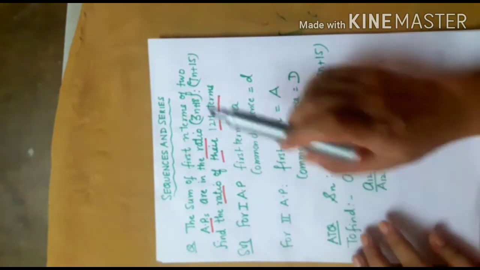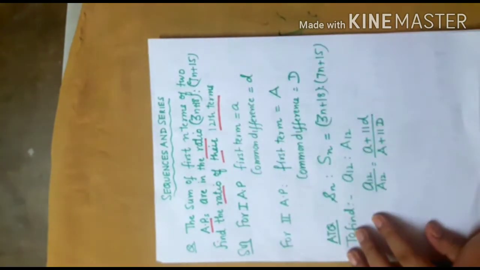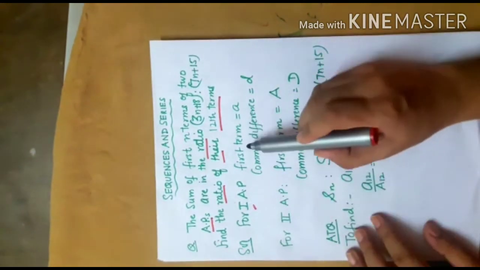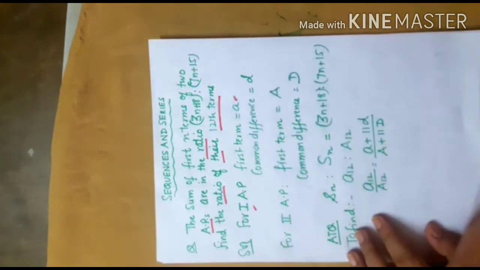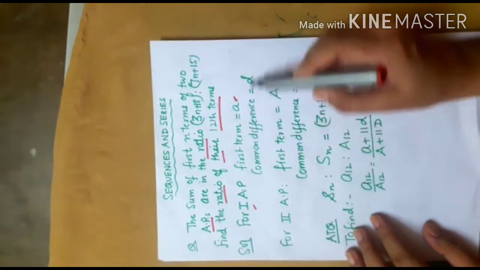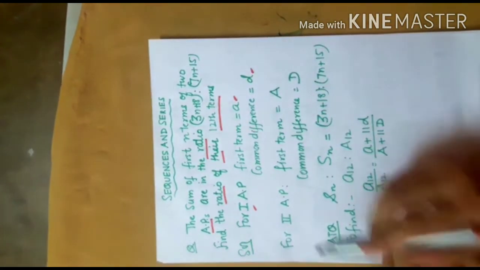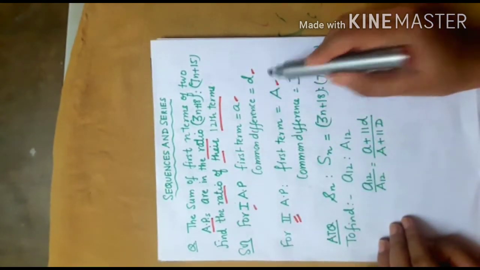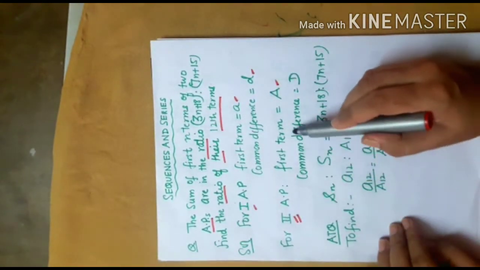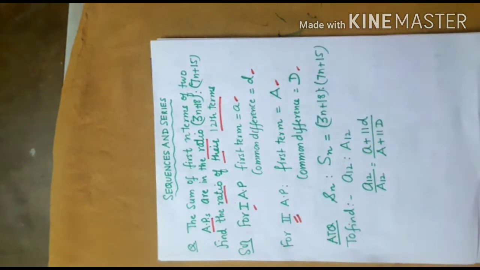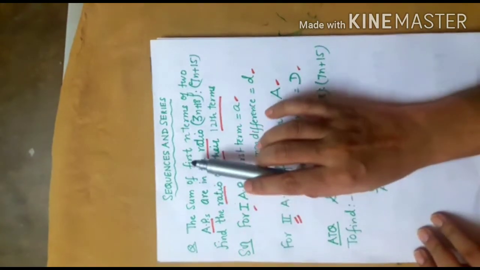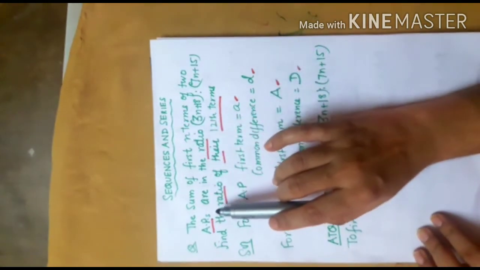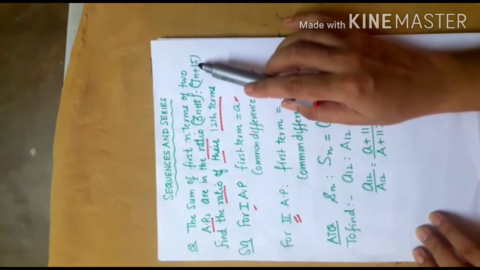Yes, here we are talking about two arithmetic progressions. Let for the first AP, the first term be denoted with small a and the common difference with small d. And for the second AP, let the first term be denoted by capital A and the common difference by capital D. According to the question, the sums of first n terms of the two APs are in this ratio.